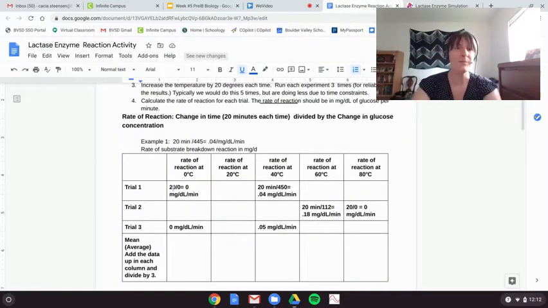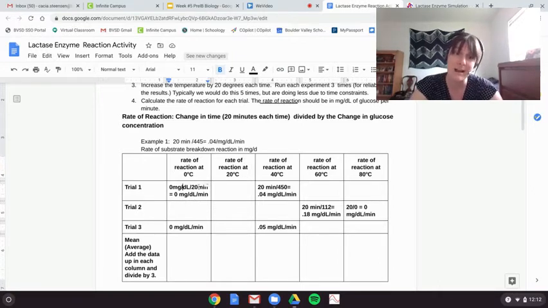So in my data table, one of these has been done for me. 0 milligrams per deciliter were created, and I divide that by 20 minutes, and that gives me 0 milligrams per deciliter per minute.